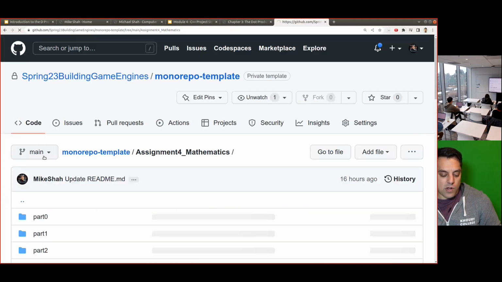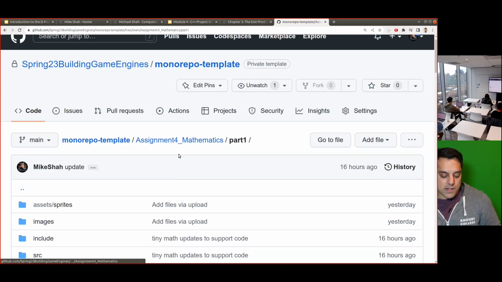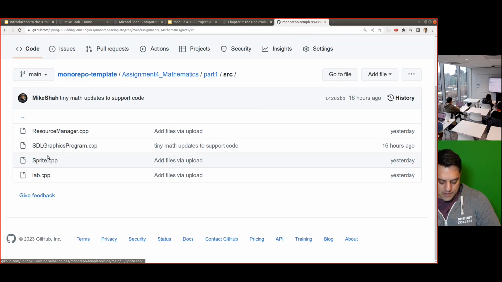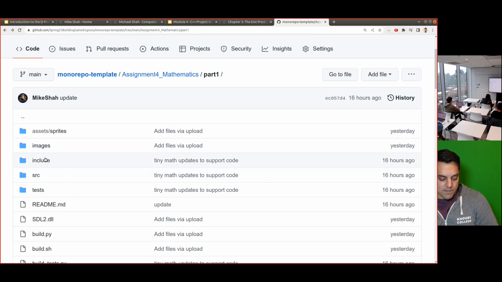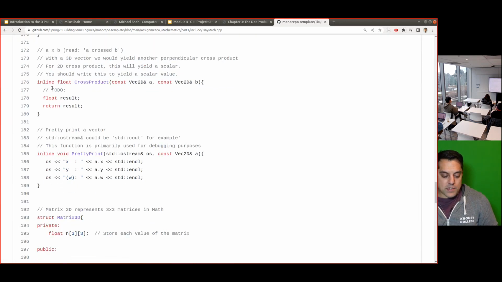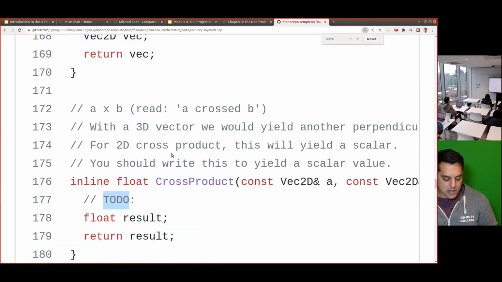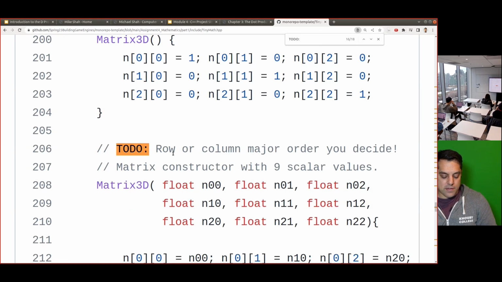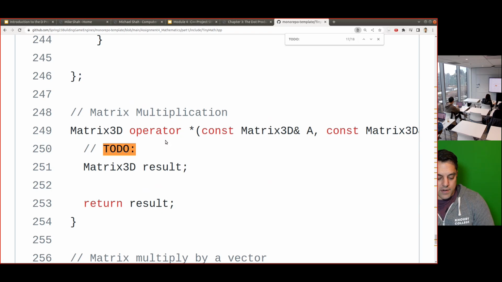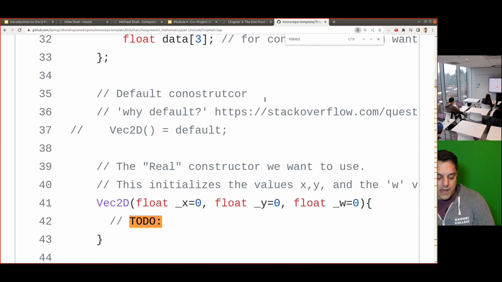For part 1 here, you'll actually come in the library and, oops, there's no CPP file. There's just the header file. So you'll find a bunch of the to-dos here. You can just search to-do, and I think I did a pretty good job telling you what you need to do. I guess, implement this function for matrix multiply or whatever.